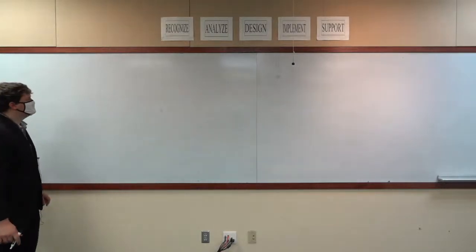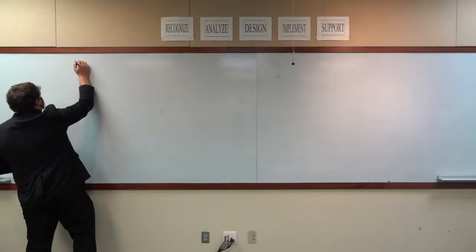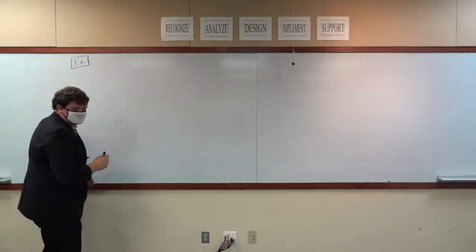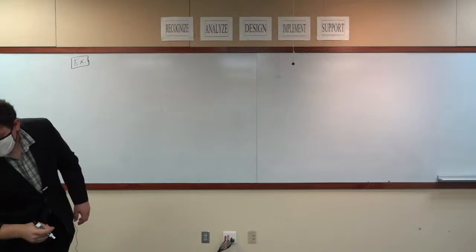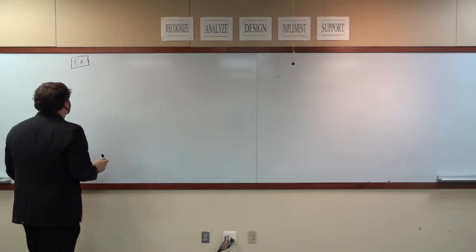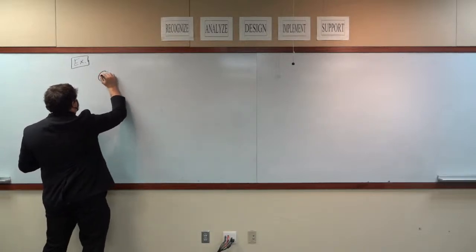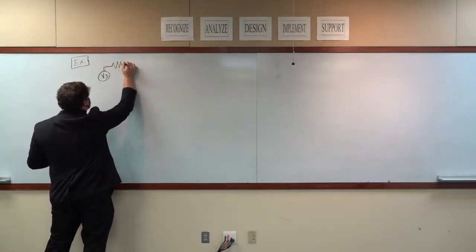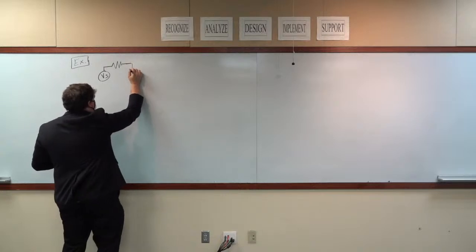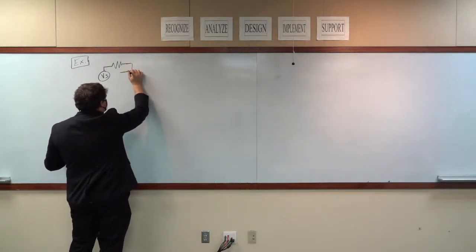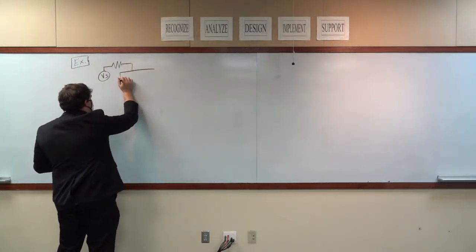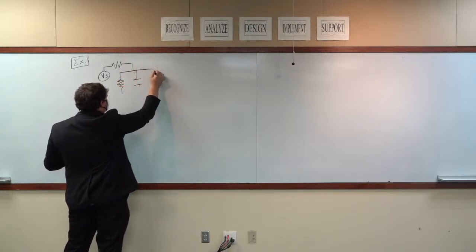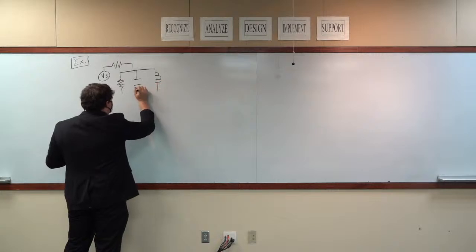That makes the most sense. So, example. Let's say we have a voltage source here. The voltage source is connected to a resistor, where the resistor then connects to a resistor and a capacitor and an inductor.